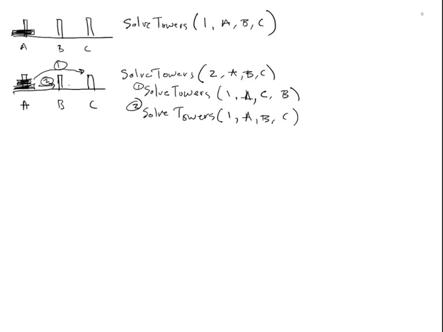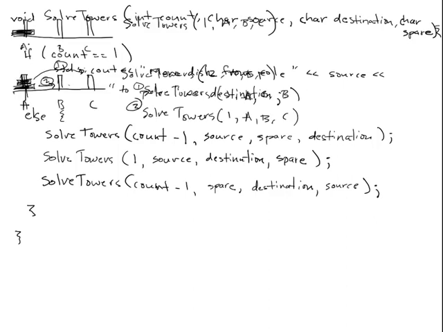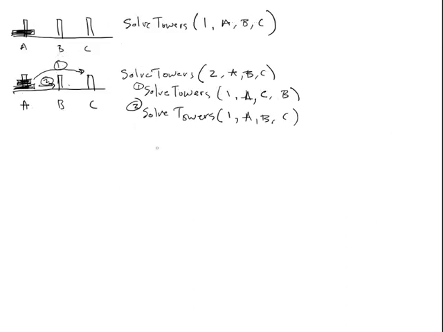So we know that we have more problems to solve because we still have disks left on C. Our code says, you know what? We need to move all of those disks from C over to our destination. So our source is our spare. So let's look and see what that call is going to look like. So we have solve towers 1, our source, our destination, and our spare.